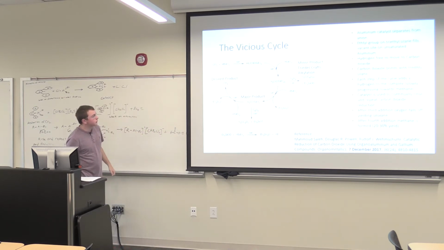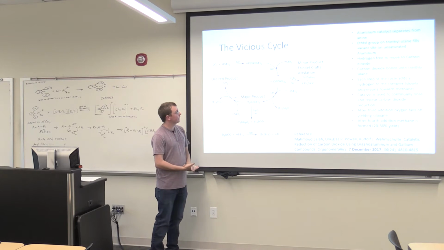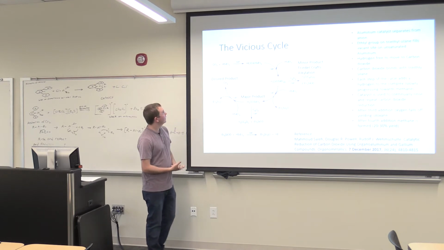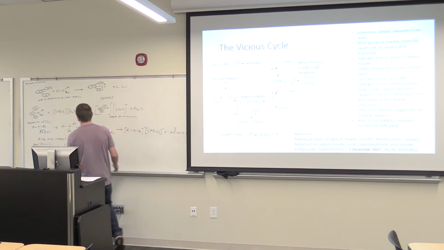So, let's see. I called this the vicious cycle because it's very repetitive and I kind of wondered what the heck was going on for the longest time. To get a better idea of that, I'm going to try to explain it via this chart. Basically you're going to end up reducing carbon dioxide a lot.